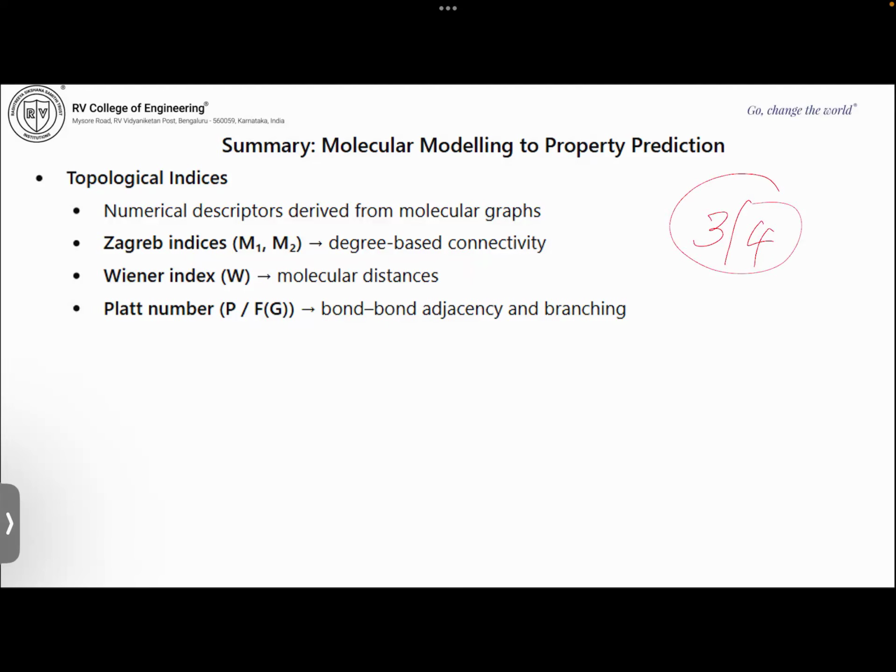These are numerical descriptors derived from molecular graphs and matrix representations. We discussed the Zagreb indices M1 and M2, related to degree-based connectivity. The second one, the Wiener index W, is based on the distances between the atoms. Then the Platt number P and F of G relate to bond-to-bond adjacency and branching. This we discussed in the third part of this unit.